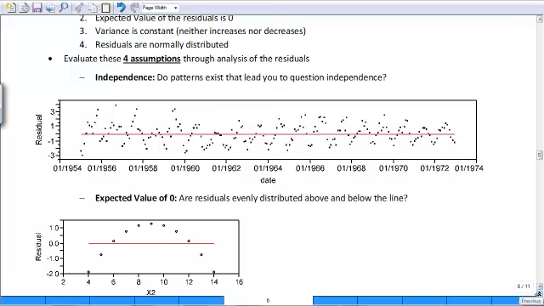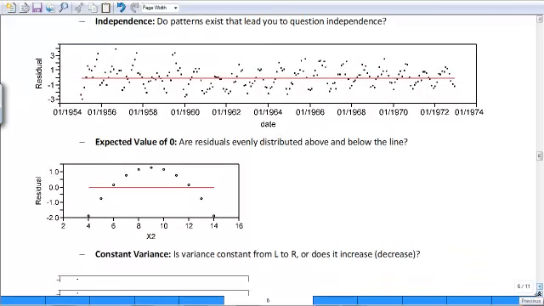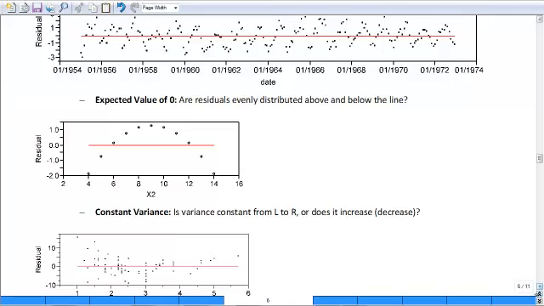Second assumption, expected value of the residuals should be 0. Well, if you add all the residuals up, you do come to 0, because you are measuring about an expected value or about a mean. So what is this really telling us? Nothing overall, but when we break up into sections and take a look at the residuals, we see that all of these residuals are below the line. All of these residuals are above the line.